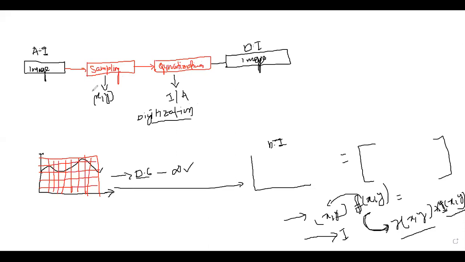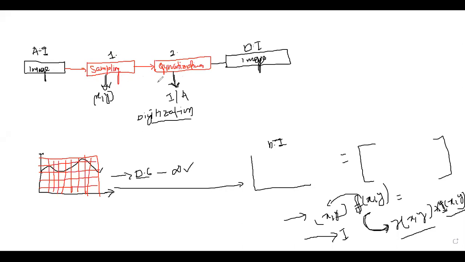So what is digitization? Digitization is nothing but converting an analog image, or whatever image you are seeing, to a digital image. To perform digitization, I require two steps. One is called sampling, the second is called quantization. Sampling is nothing but digitization of the coordinates x and y, and quantization is nothing but digitization of the intensity or the amplitude.